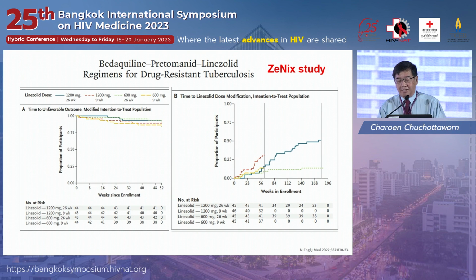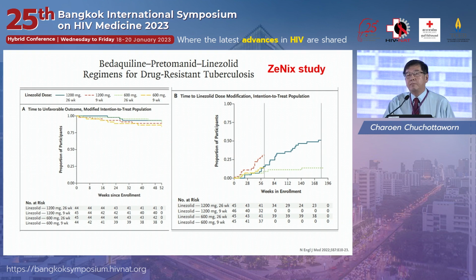The result came out that 1,200 milligrams per day and 600 milligrams gave the same success rate, but 1,200 milligrams per day had much higher side effects from linezolid. So the learning point from the Zenix study is that 600 milligrams of linezolid once daily is enough in the MDR-TB patient.